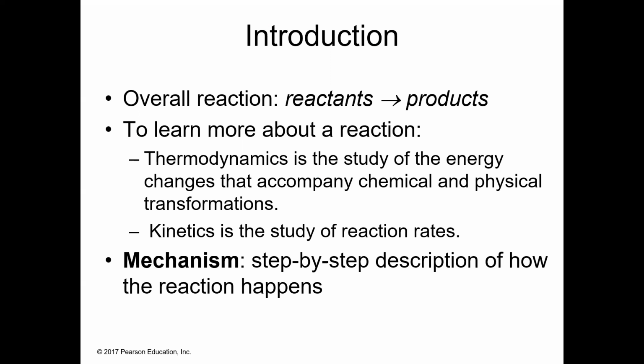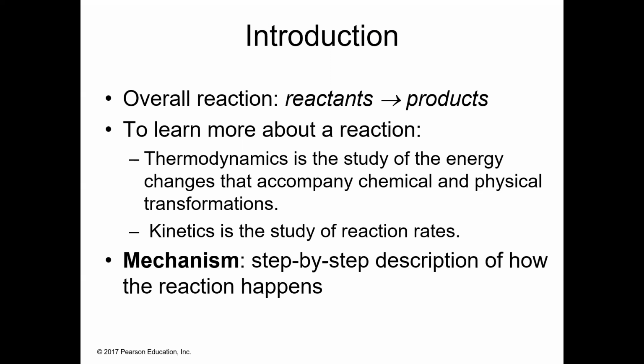And we'll talk about the idea of a mechanism and using arrow pushing to show the movement of electrons, which may be something new. But a mechanism is a step-by-step description of how the reaction happens. The mechanism describes the sequence of steps. It shows which bonds are formed, which bonds are broken, and in which order.